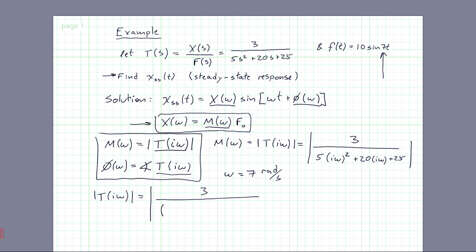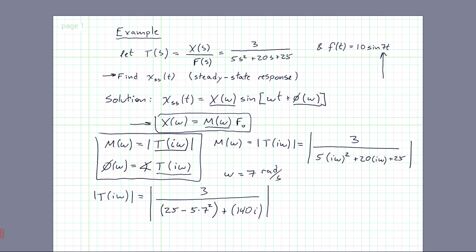I'm going to skip a step, but you can do it on your own. I'm going to have something that's going to look like this: 25 minus 5 times 7 squared plus 140i. I'm basically skipping a step, but again, it's algebra, and you have that in your notes.